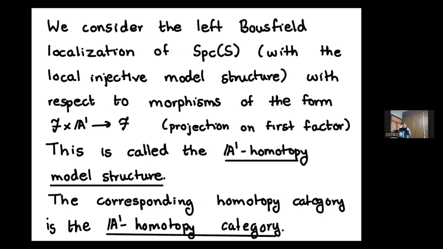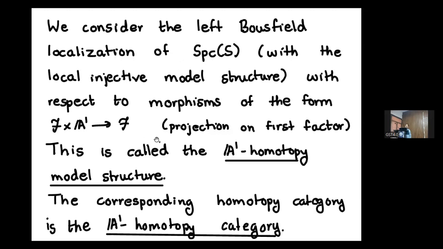And so then the idea is that we take this category of spaces that we have and we localize it with respect to morphisms of the form F cross A1 to F, the projection map on the first coordinate. So this is what we started with. We said that these are the guys we want to invert. This model structure on the category of spaces is called the A1 homotopy model structure.